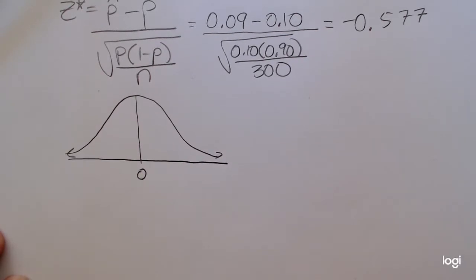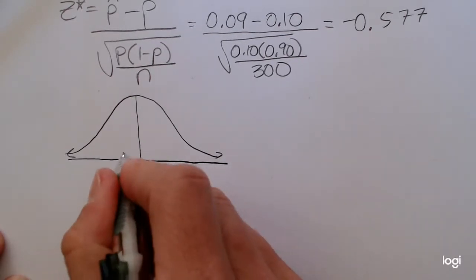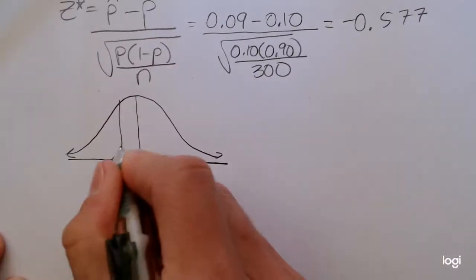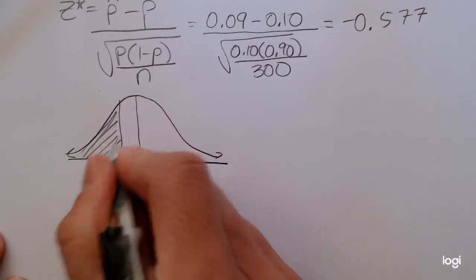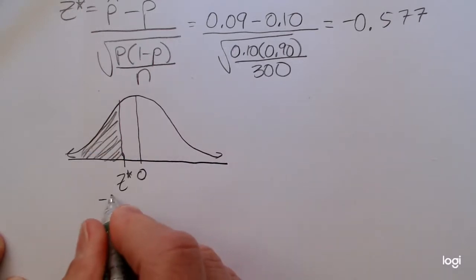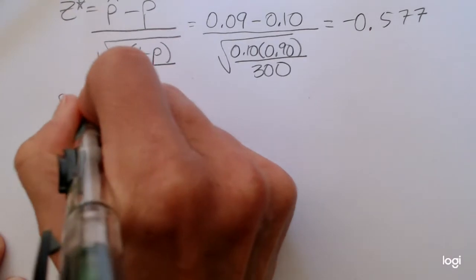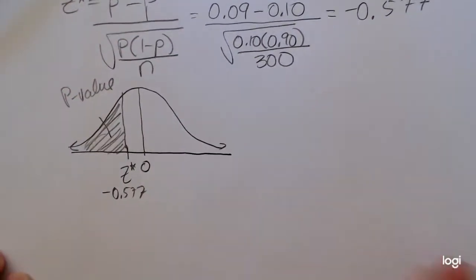The p-value is going to be the area further to the left of that standardized test statistic. Okay, so that test statistic is negative 0.577. So this area here is going to be the p-value. Now this is pretty close to 0. I expect that p-value to be reasonably large.